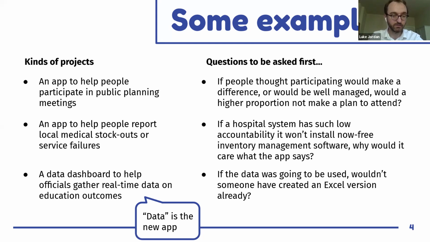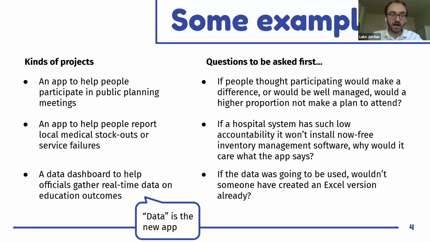So what we would say is don't build it as a general injunction that can be refuted or rebutted if the evidence is strong enough, if the questions come out in a different way. But the questions that really need to be asked first are, for example, if somebody is proposing an app to help people participate in public planning meetings.